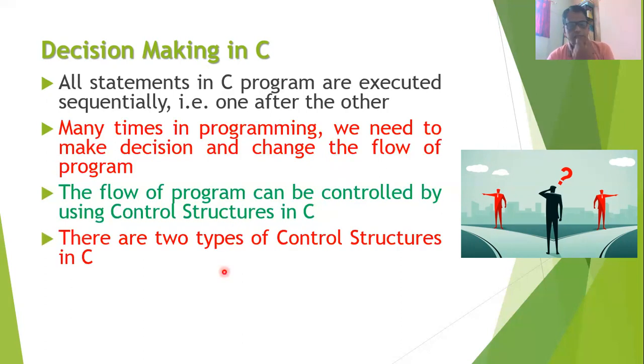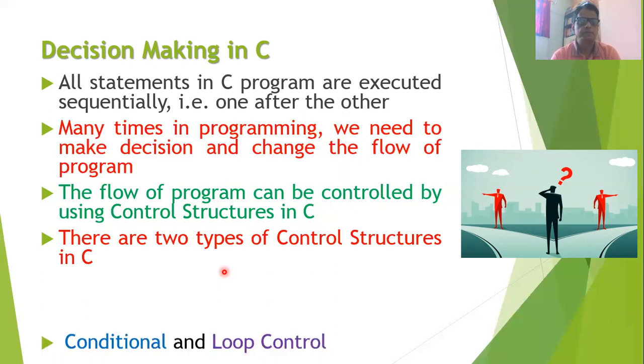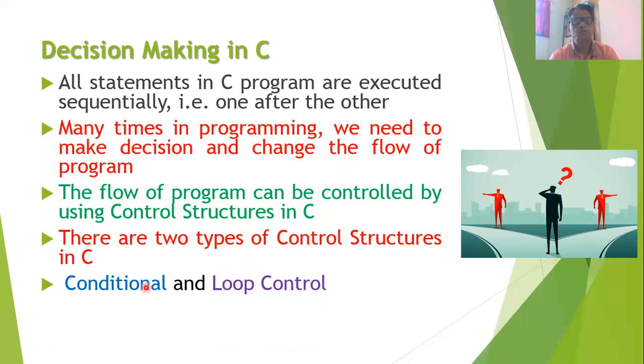Basically, there are two types of control structures available in C programming language. The first one is called the conditional control structure, where we change the flow of the program based on certain conditions. Another is called the loop control structure. In the loop control structure, we repeatedly execute a certain part of the program unless and until some condition is satisfied.